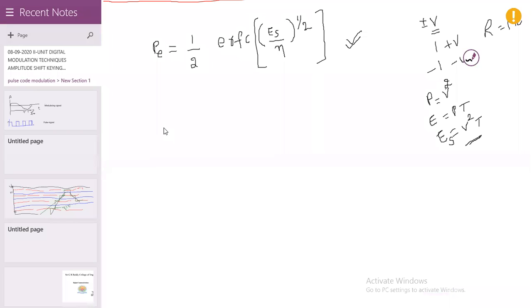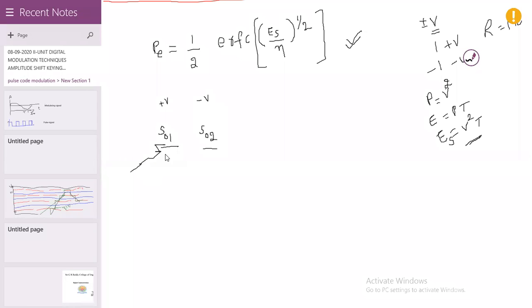Let us assume S naught 1 is the representation of plus V, that is logic 1, and S naught 2 is the representation of minus V volts, that is logic 0.